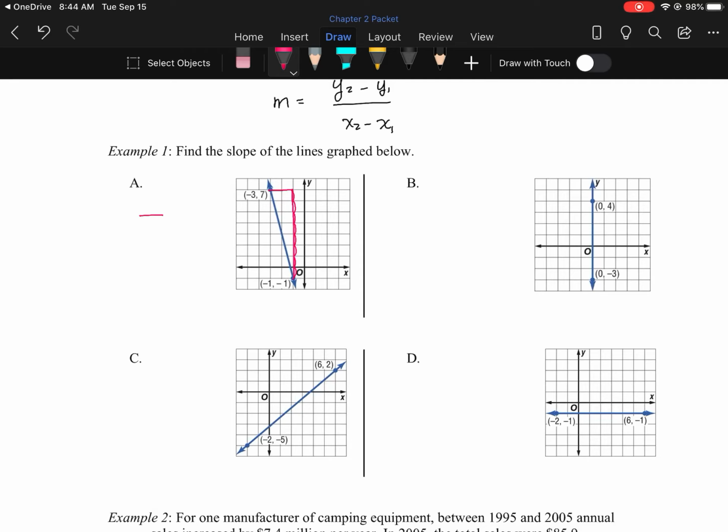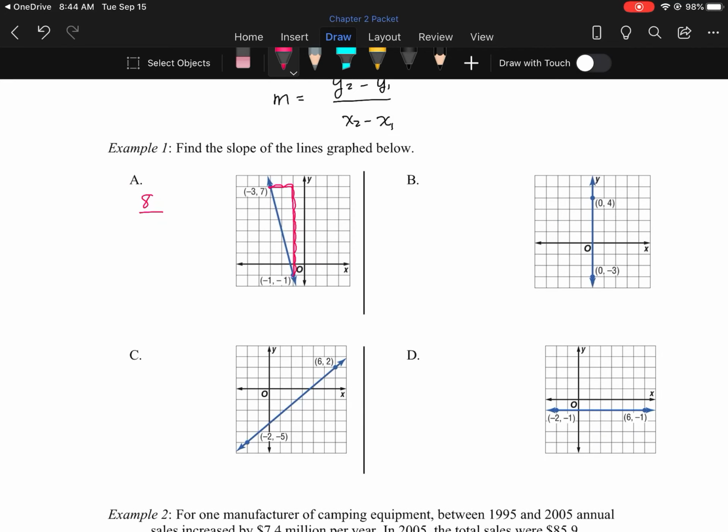So it is 8 units, and I'm going to pretend I went up. Up 8. But now I have to go to the left 2, and that's a minus 2. Always remember to simplify. Let me make sure I counted this right. 1, 2, 3, 4, 5, 6, 7, 8. Okay, so we end up getting a negative 4.